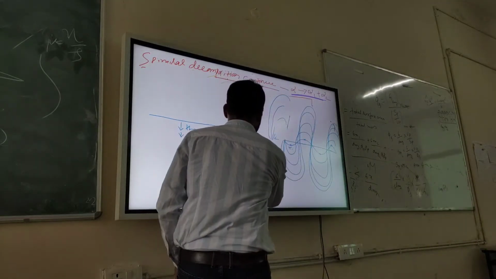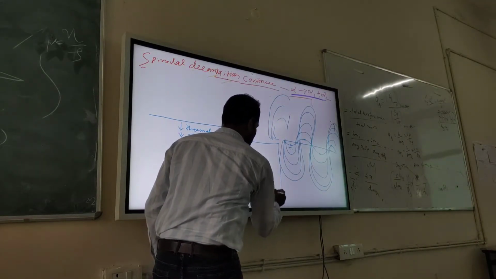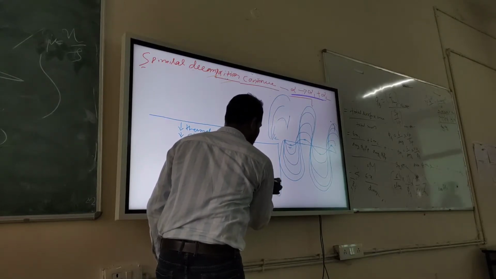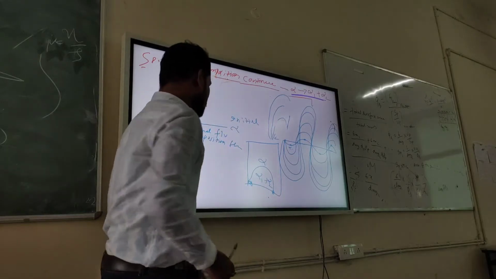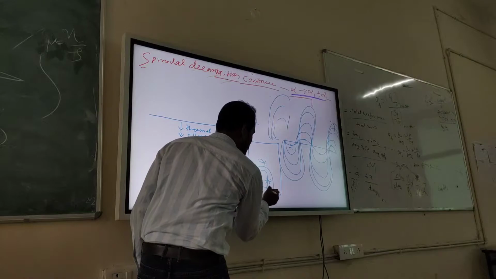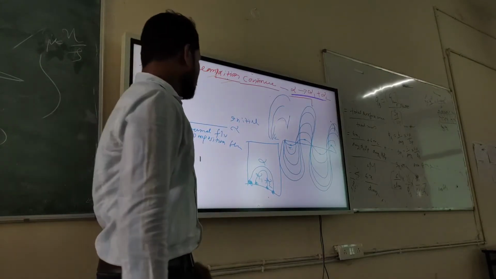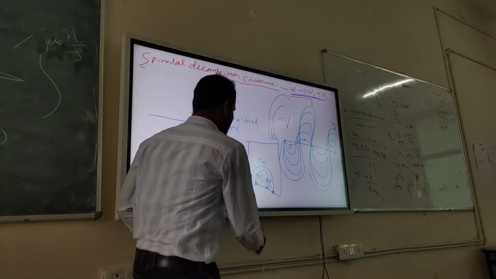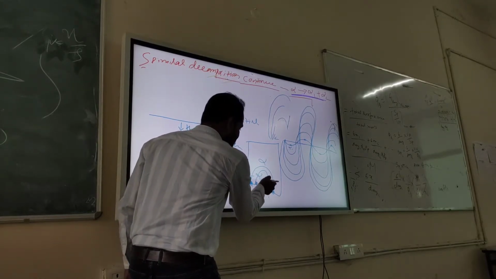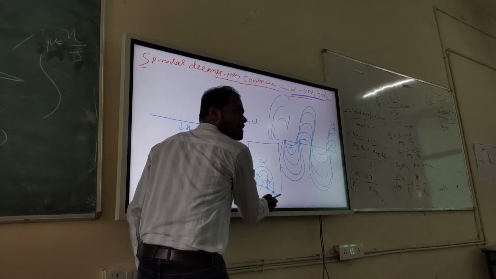This is the region of miscibility gap, right? Because this is alpha and this is alpha 1 plus alpha 2. This point is the binodal point and this point is the spinodal point. Right? This region is stable. You can call this region metastable. But inside this you can call it completely unstable.